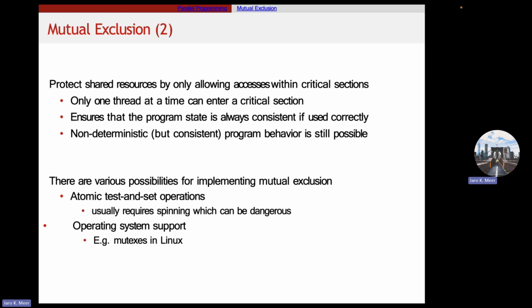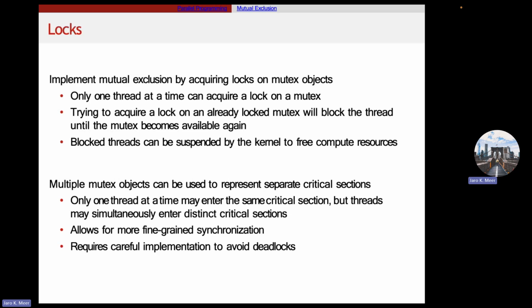Here we can see this is about locks. Locks are synchronization primitives used in concurrent programming to ensure that only one thread or process accesses a critical section of code at a time. This helps to prevent race conditions and ensures data integrity when multiple threads attempt to read or write shared resources simultaneously.